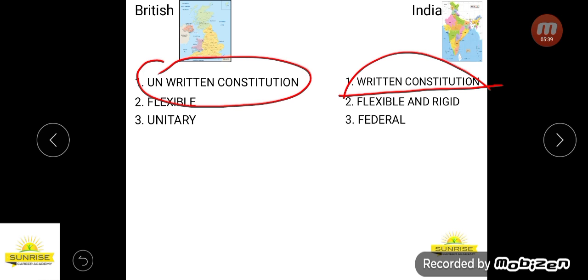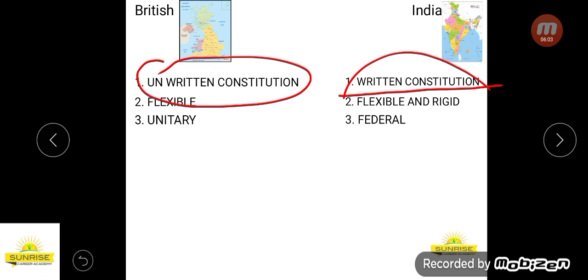They have followed their culture and rules in unwritten form from the past thousands of years. It is said that the British Constitution is a product of wisdom and chance. This point is very important if you are preparing for the mains exam.